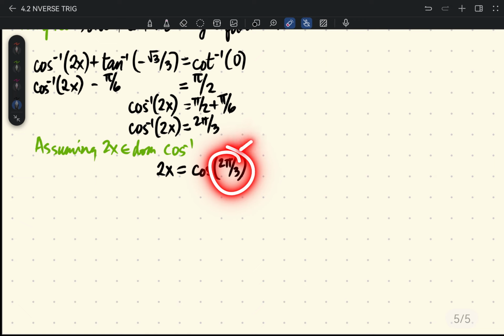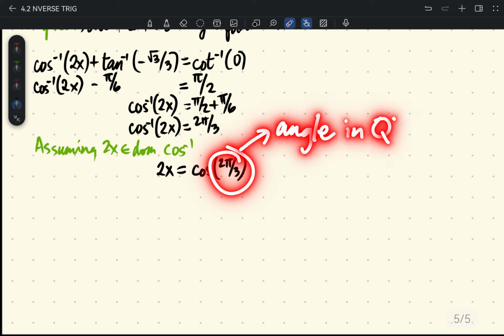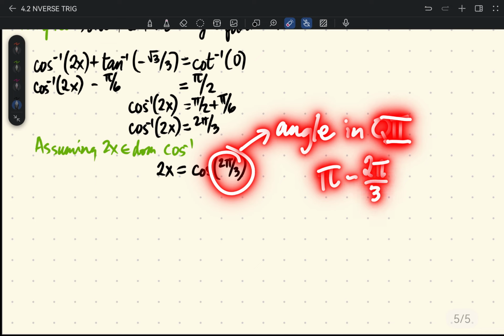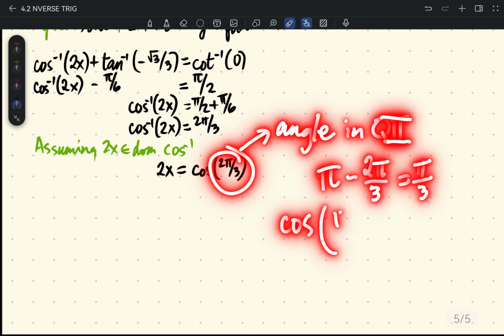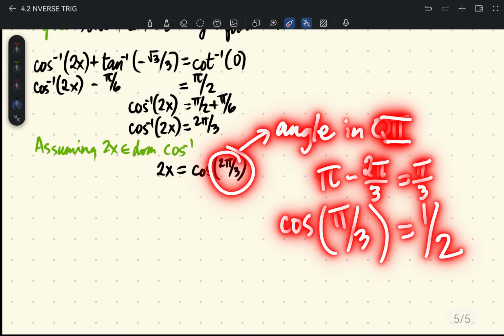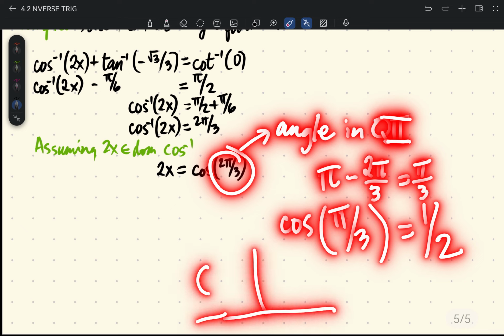Take note, this is an angle in quadrant 2. And so we can consider the reference angle in quadrant 1. To get that, we just subtract 2 pi over 3 from pi, we get pi over 3. And cosine of pi over 3 equals 1/2. But since we're in quadrant 2, we know that the x-coordinates are negative.